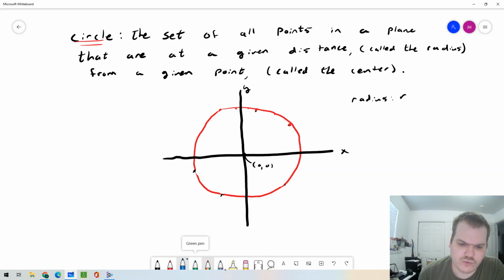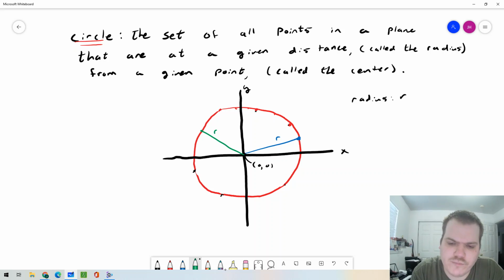And let's use blue to show, if I'm going to go from here to here, whatever this distance is, we'll call it r. That's got to be the same distance as from here to here. This has got to be r, and that's going to be the same distance everywhere. But let's get a little bit more specific with what we're saying.